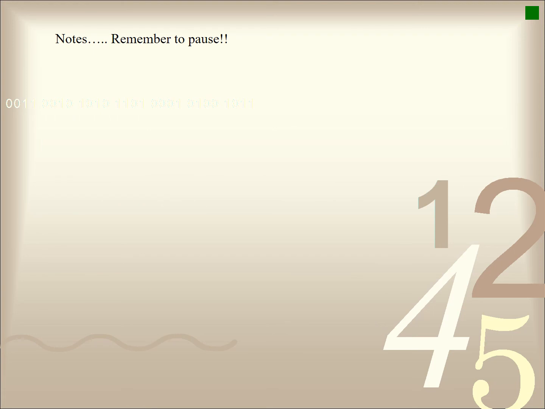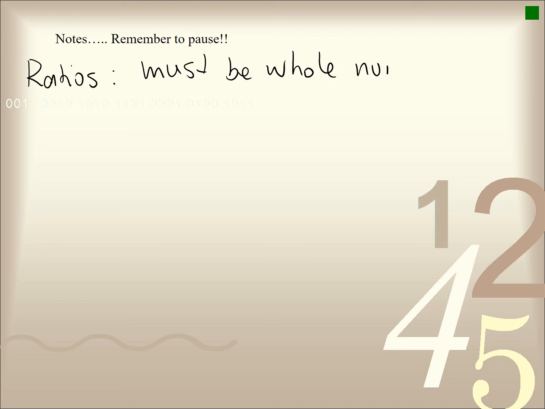Let's have a look at this. We're just going to pause after I've written a few notes here, just so you know what you're doing. So, ratios must be whole numbers. That's the first thing. The second thing is you find the total parts.